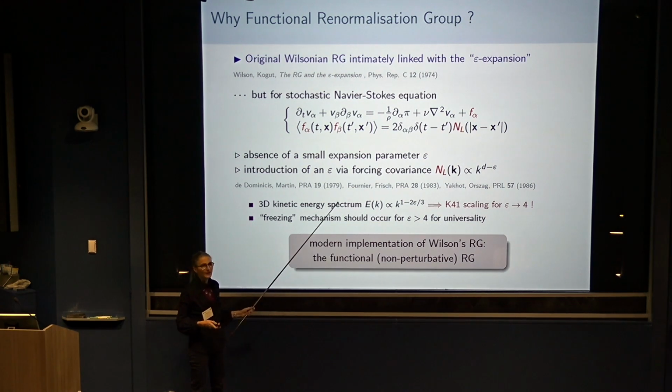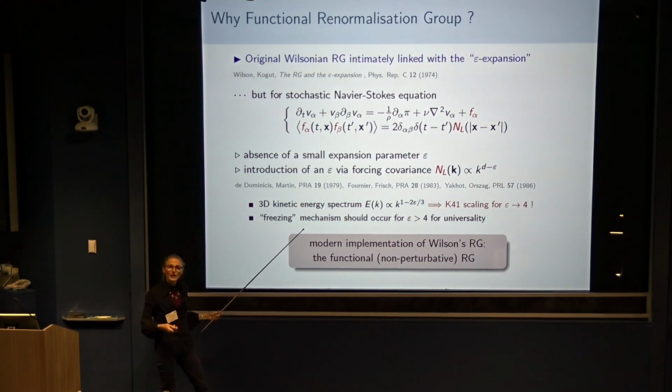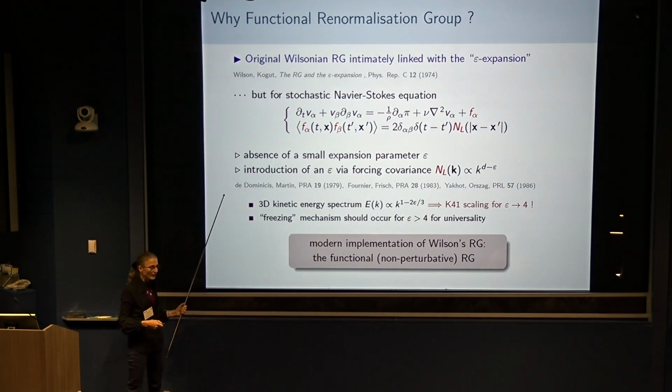And universality is really difficult to explain in this framework. So I will use another implementation of Wilson's RG, called functional RG, which I will explain later, and which completely bypasses this difficulty. Because you can do perturbation theory if you want to, but there are other ways to exploit this equation, which I will explain after. Okay?